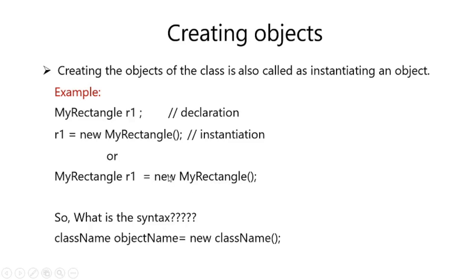Using this syntax, you can create any object. If you are writing say 10 classes and you want to create 10 objects, you are going to follow the same syntax: class name, object name equal to new class name. This syntax is used for creating the objects.